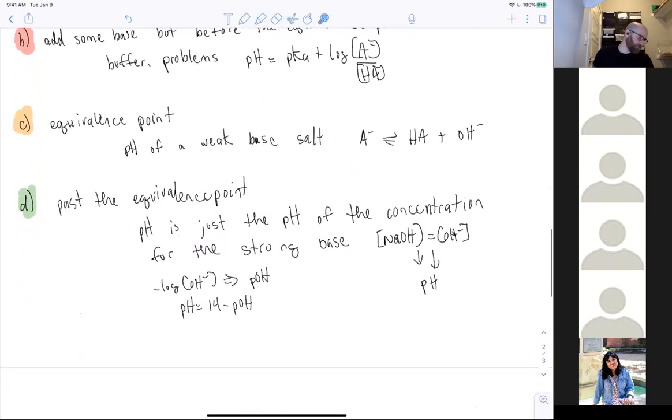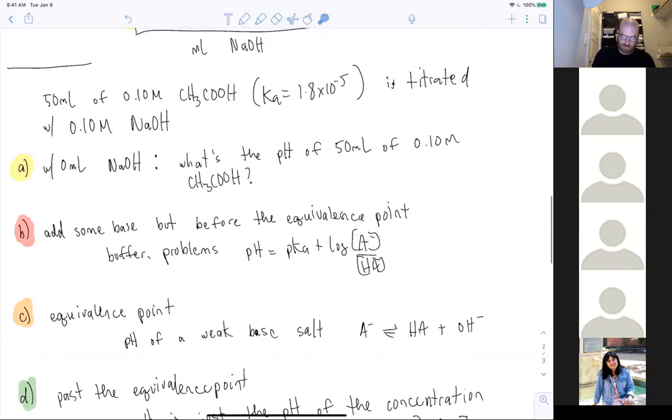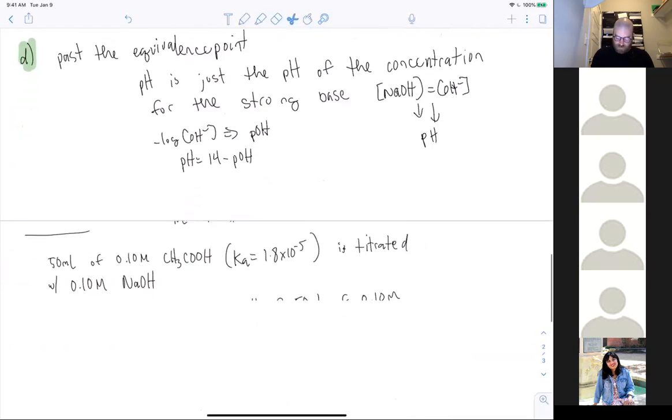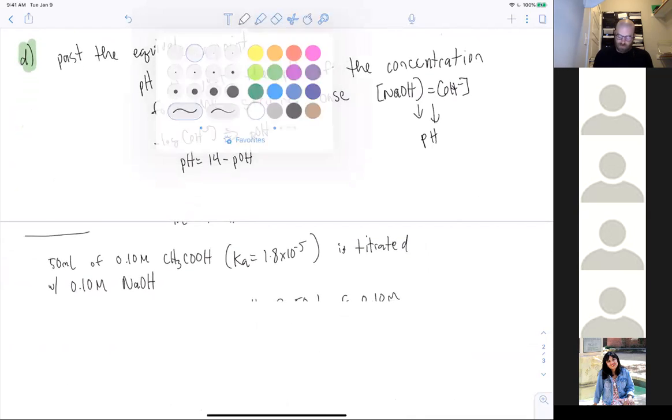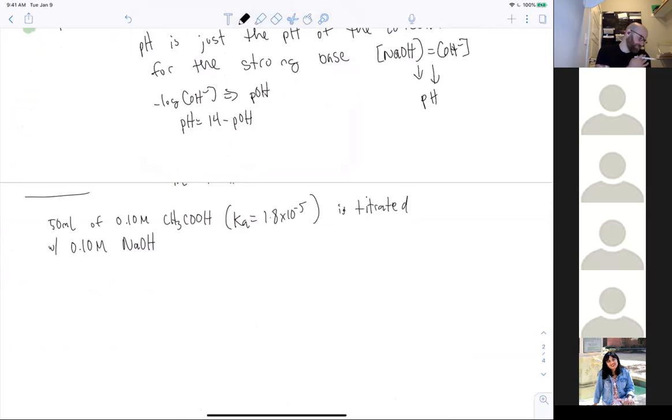So if we just had some base in, let's say that we add, we could say, what's the pH after 10 milliliters of sodium hydroxide is added?